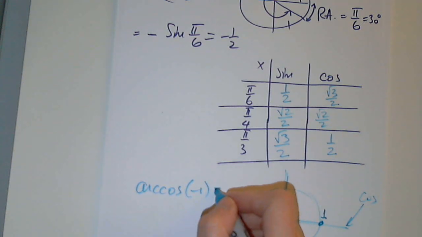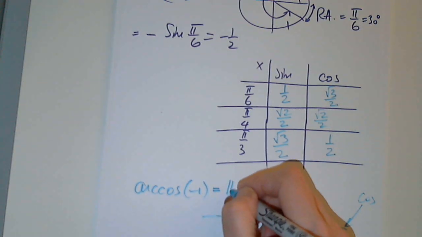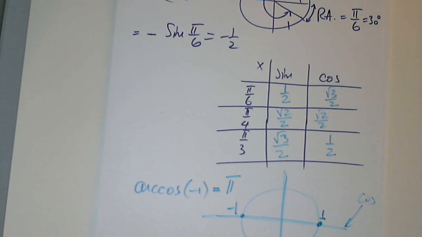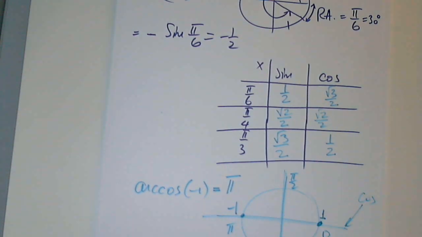So the answer would be pi. So this is 0, this is pi over 2, this is pi, and this is 3 pi over 2, and this is also 2 pi. Any questions?